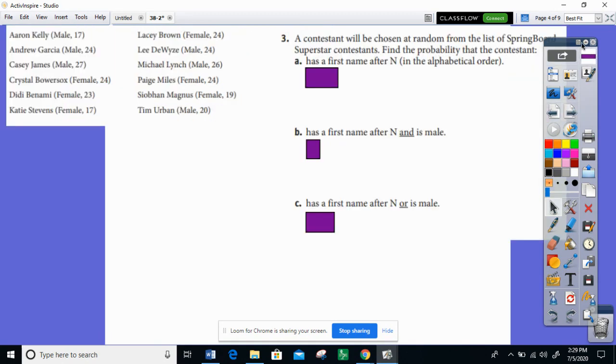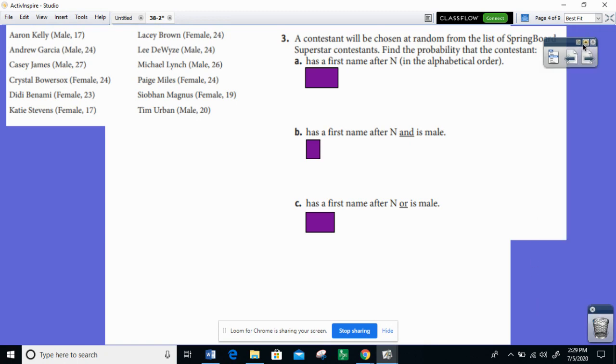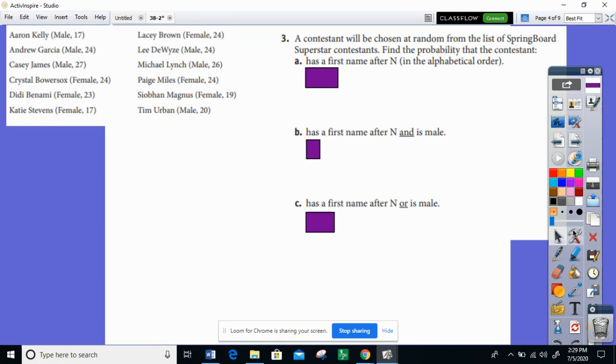So now in number 3, we're going to choose a contestant at random from the list of Springboard Superstar contestants. And we're going to find the probability that the contestant has a first name after N. So we'll highlight these people in blue.